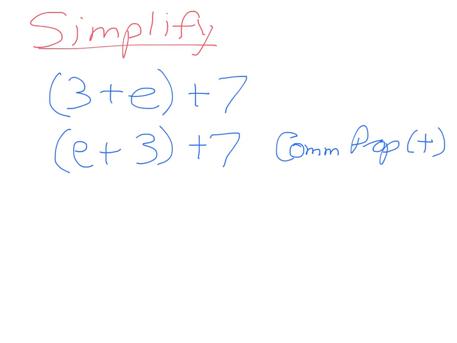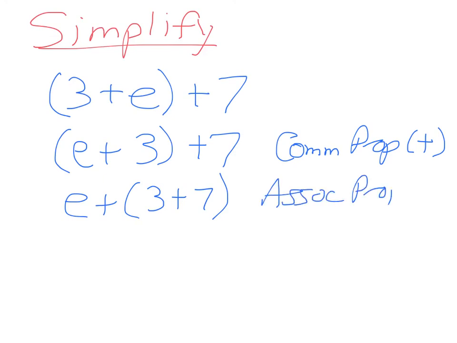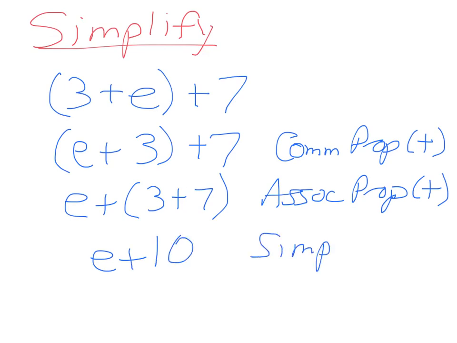Why did I do that? Because then I could change the parentheses by using the associative property of addition. And then I know 3 plus 7 is 10, so I get e plus 10, and that's because I simplified.